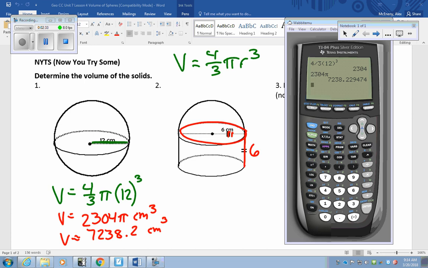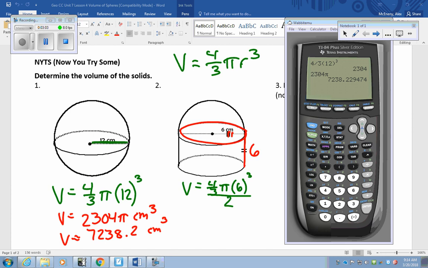So what we're going to have to do to find the total volume is we're going to need our formula that we just used, which in this case is 4/3 pi r cubed. But because it's half, we're going to have to divide it by 2. So it'll be 4/3 pi parentheses 6 cubed, and then I'm going to put that over a fraction and then divide that answer after I get it by 2.